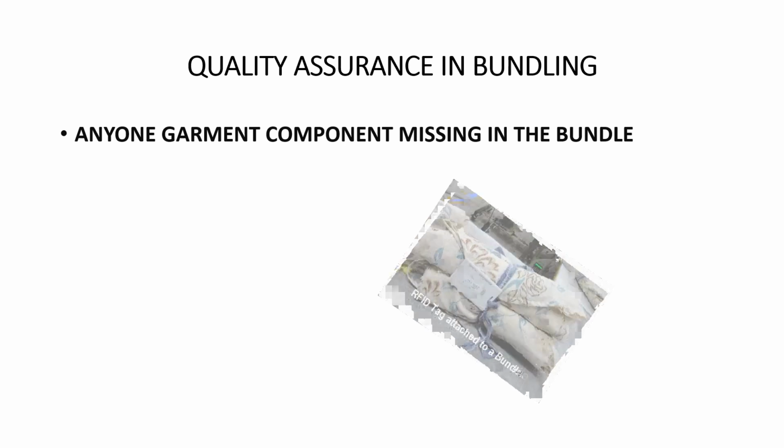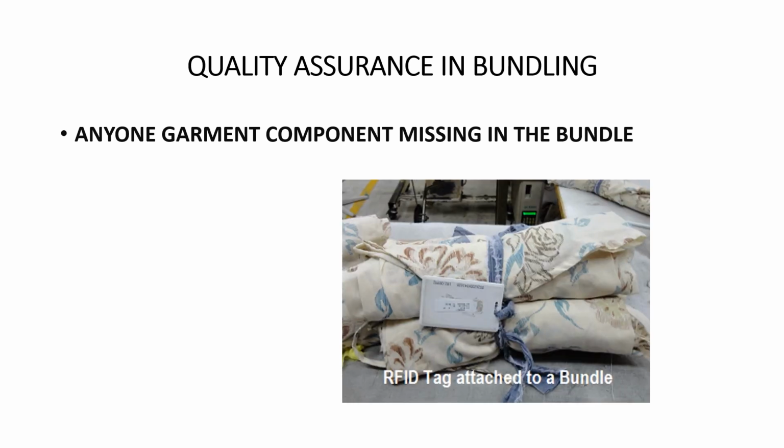So if it is missed in the bundle, then it is a problem. That is why a quality controller must also check the bundle, to see whether all parts are there. Sometimes RFID tags are attached to a bundle to identify that this bundle is meant for this garment and that all components are there in it.